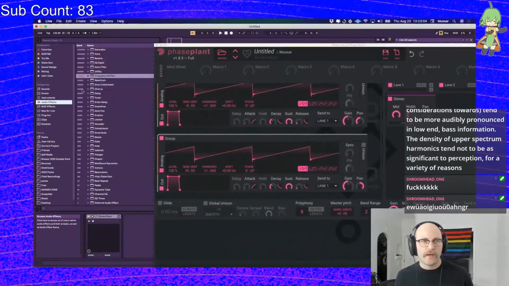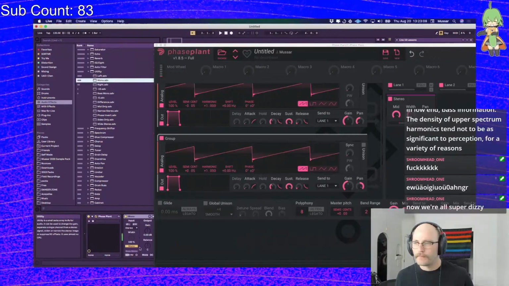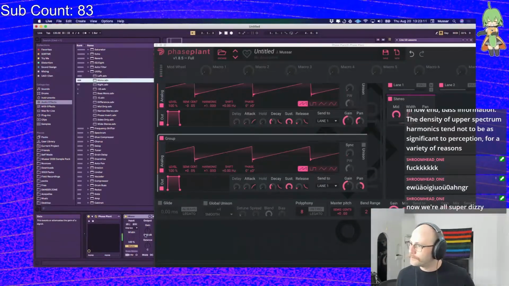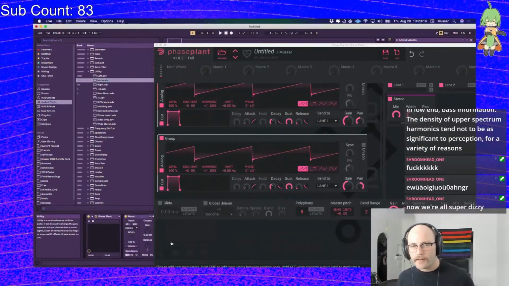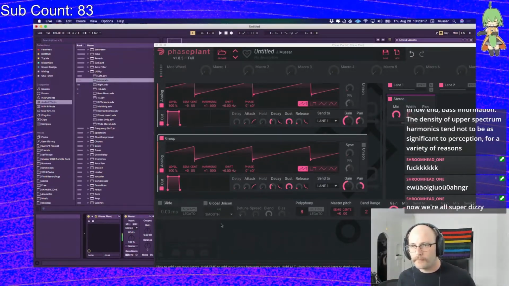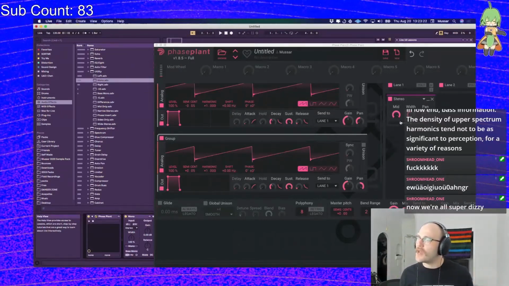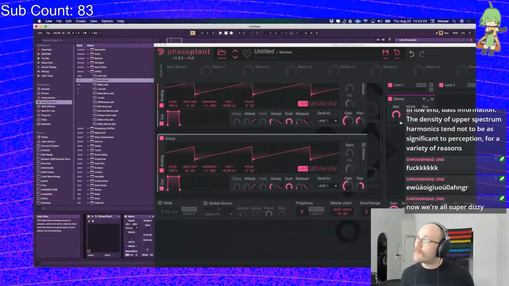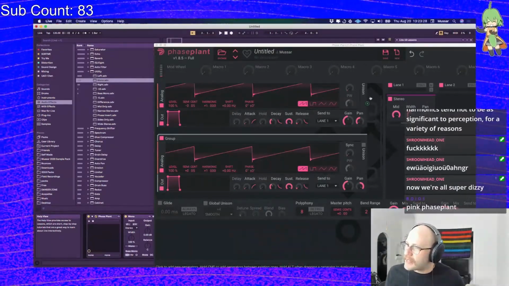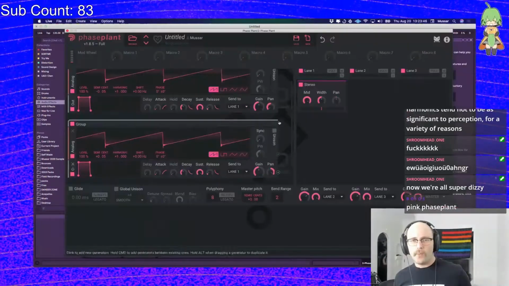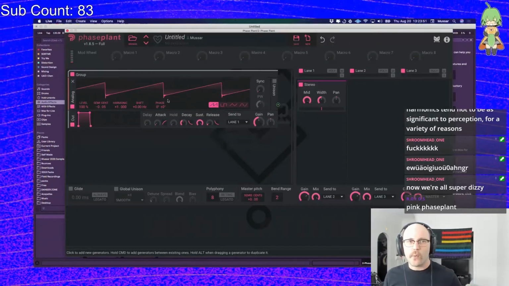Now, if I go ahead and I mono this, it still has that phase cancellation, but it isn't until we collapse the two channels together, we sum the information in the left and right channels together, that we end up with that feeling of phase cancellation. What we just did right here is basically how the unison effect works.